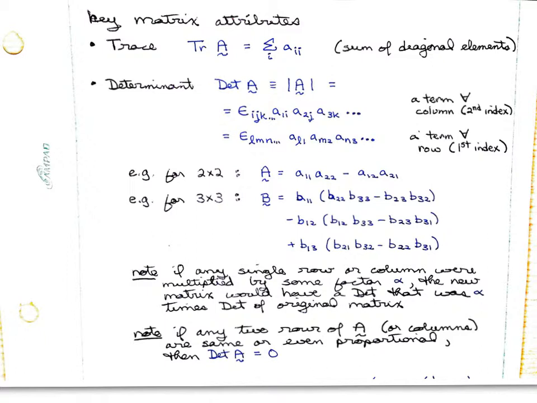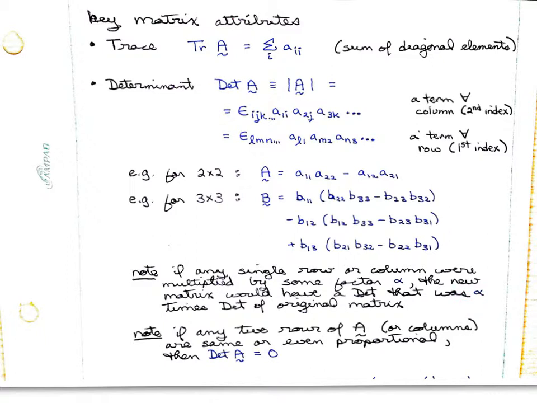It's a nice way to write the determinant because it makes it clear how two different properties of the determinant come about. One property is that if you took any single row or any single column of the matrix and multiplied it by some number, alpha, the new matrix would have a determinant that was the same as the old determinant except multiplied by a factor of alpha.